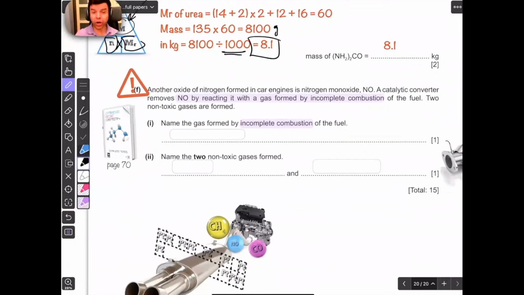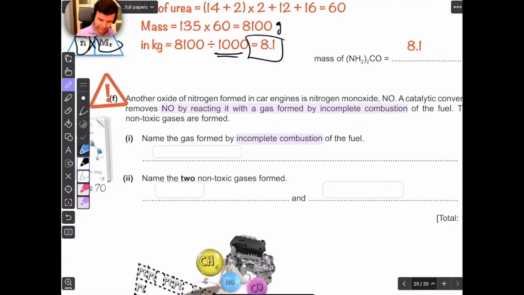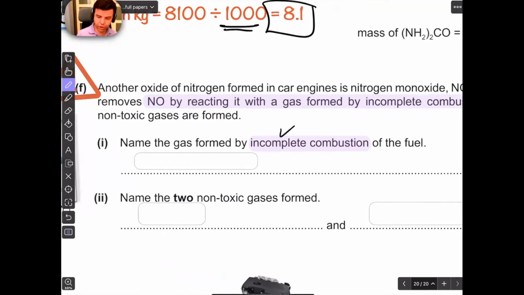Now, this part about the catalytic converter is quite important. It hasn't been on the exam in the recent exam, so revise it because it's likely to come up on your exam. So what are they being given here? They said there is a gas that you get with incomplete combustion.